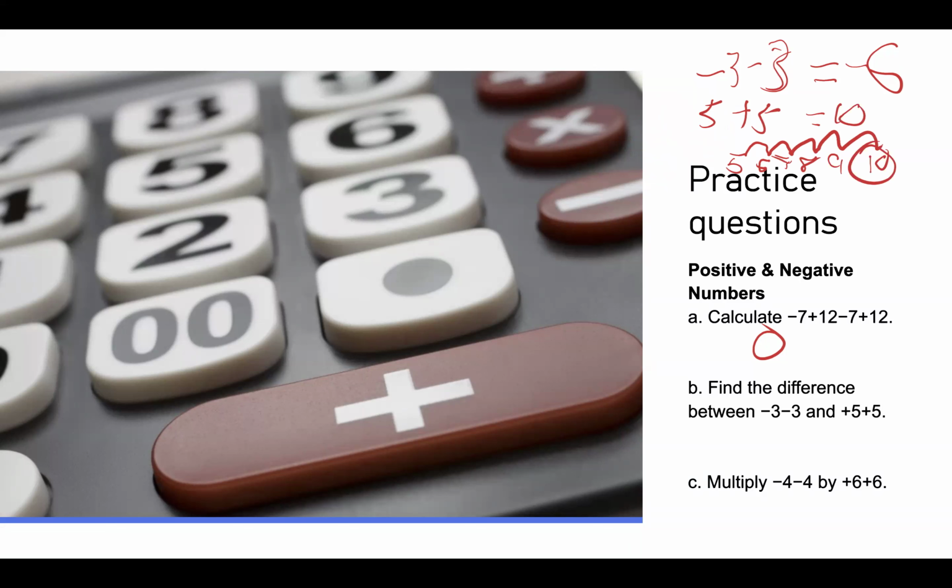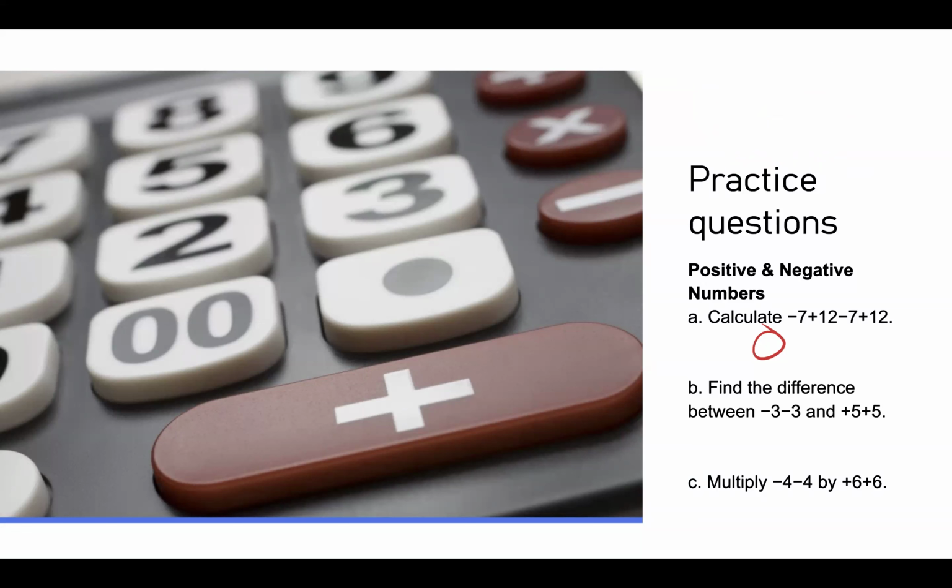So we need to find out the difference between -6 and 10. To find that out, all we do is go from 10 to -6 on the number scale.